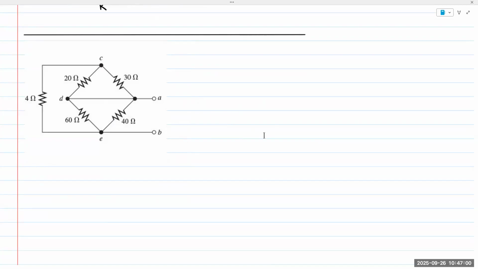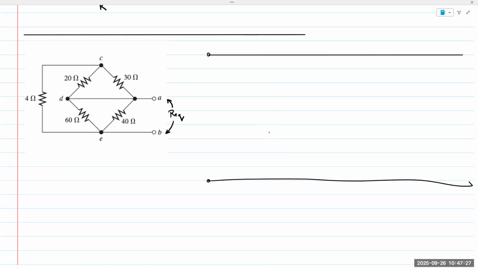Okay, so we have our measurement terminals. We are asked to find Req between these terminals, right? In this technique, we are going to draw two horizontal lines in parallel that are spaced at a distance.